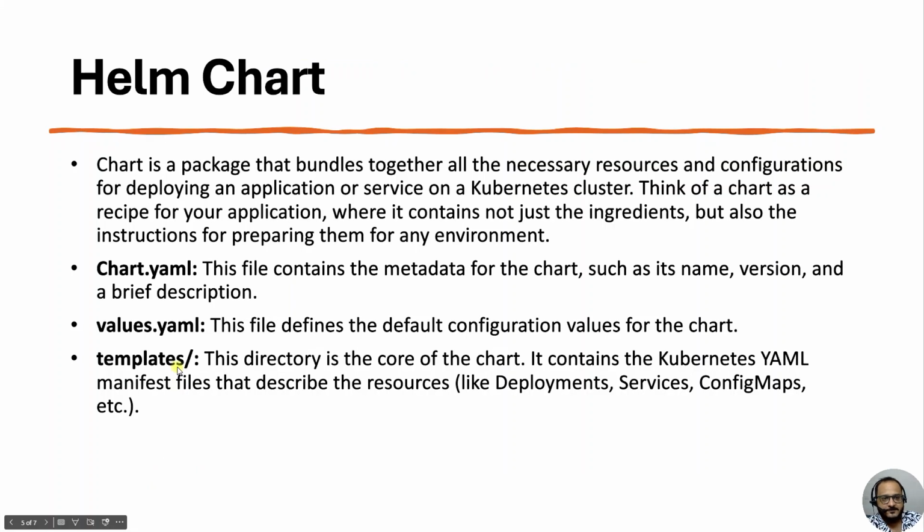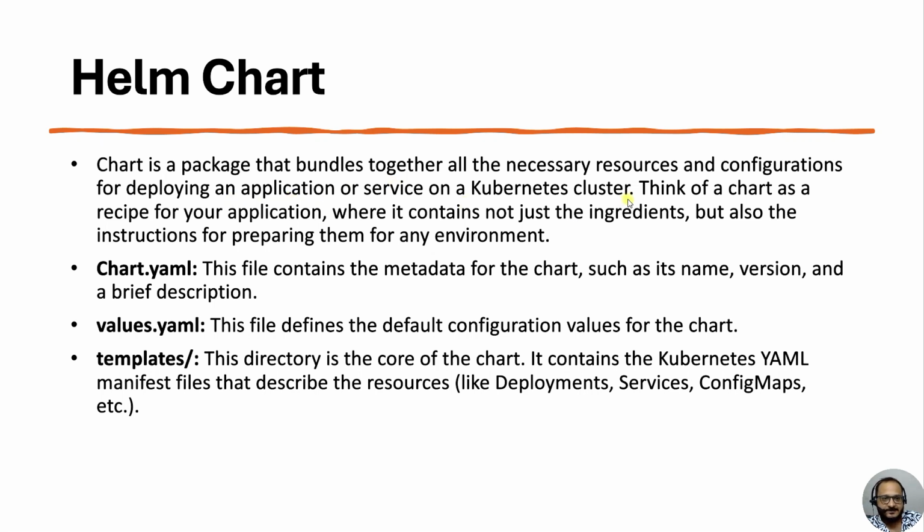Now let's understand what a Helm chart is, because this is the heart of Helm. Here we manage everything which we are going to deploy on our Kubernetes clusters. A Helm chart is a package that bundles together all the necessary resources and configurations for deploying an application or services on Kubernetes clusters.